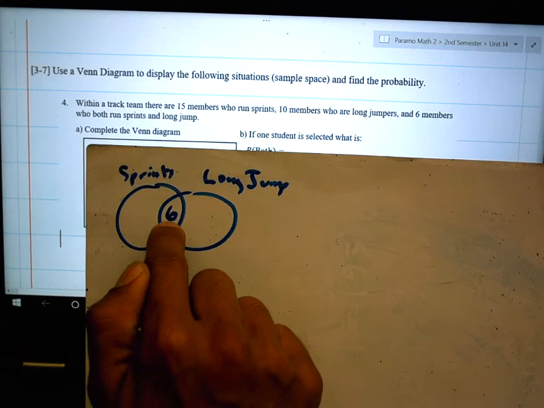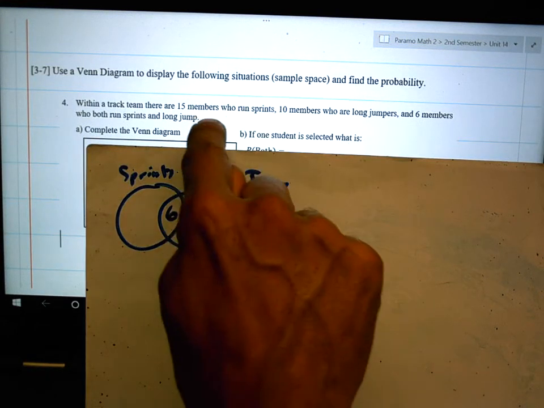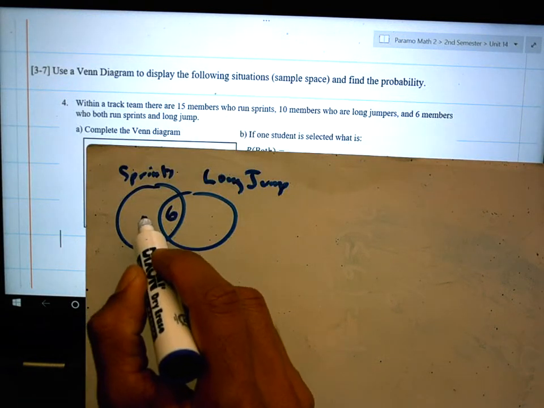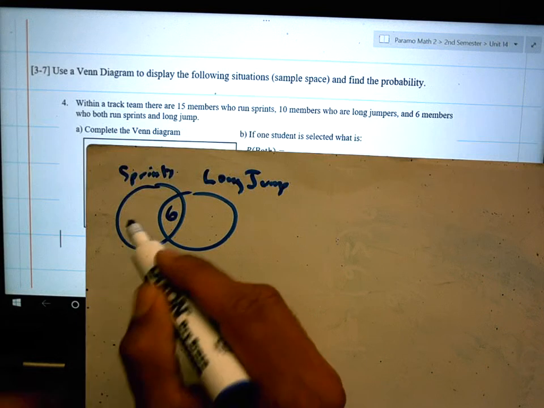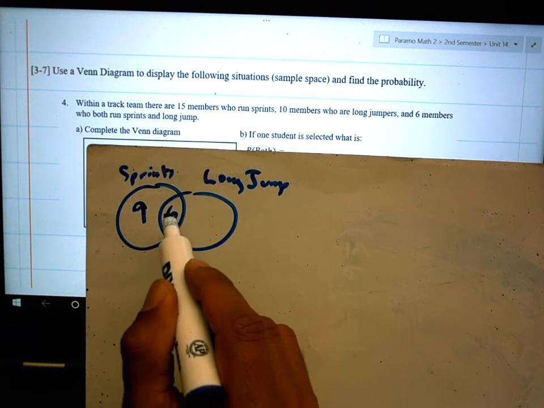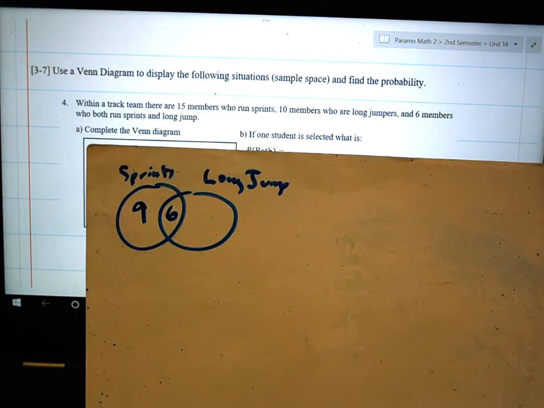It's the 6 people who do both plus something equals the 15 members who do sprints. It's a combined total. You've got to figure out what goes here. Who does sprints only? There are 9 kids who do sprints only, because 9 plus the 6 that already do sprints makes your total of 15 members who do sprints.